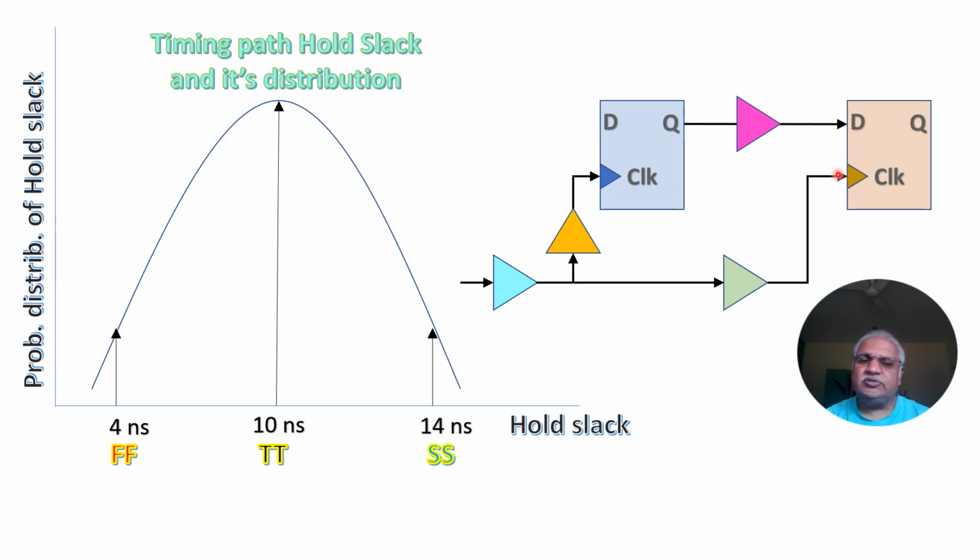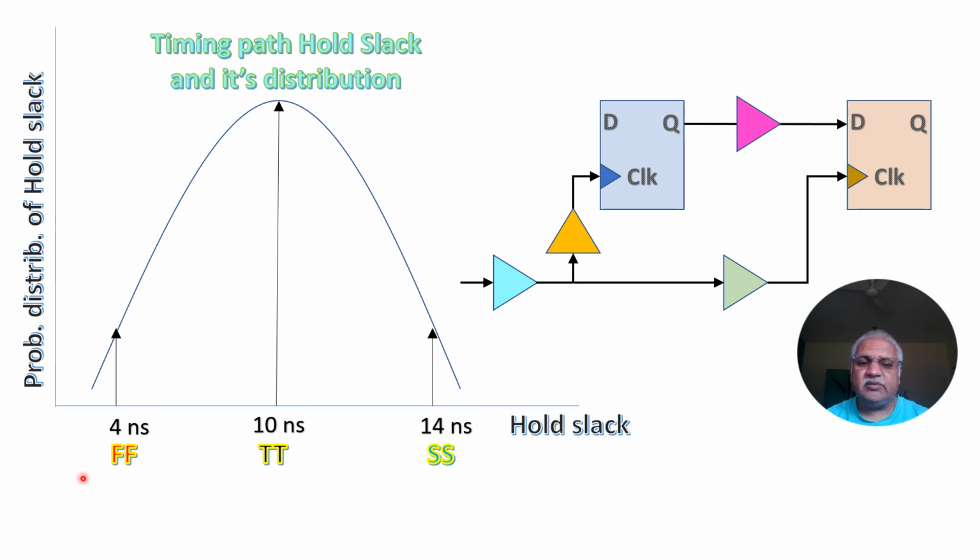There are different transistors in this whole timing path, and their functionalities are also different. Considering all that, assume that in the typical corner the hold slack is, say, 10 nanosecond. Across different wafers and different lots, assume it is 10 nanosecond and the distribution is in this fashion.